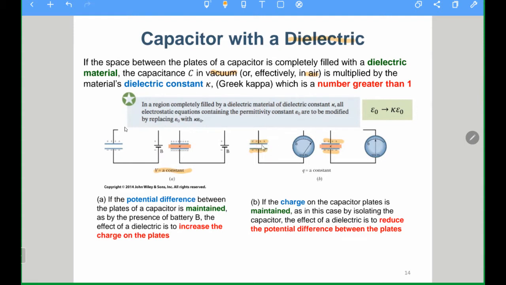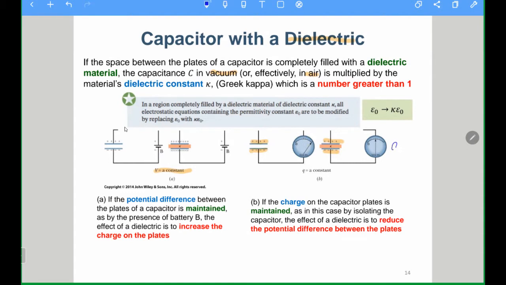It should remain the same. Here we connect a voltmeter and get a number, and then if we add some dielectric between the parallel plates, the voltage drops.